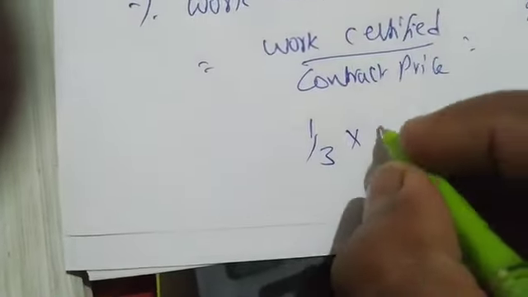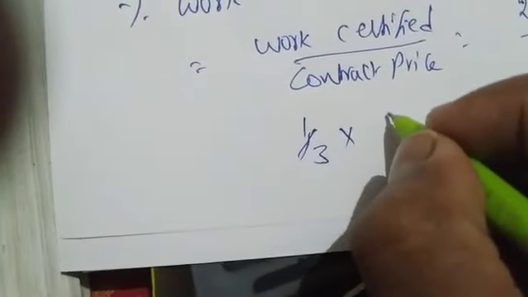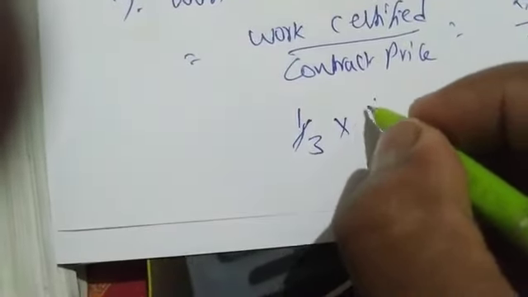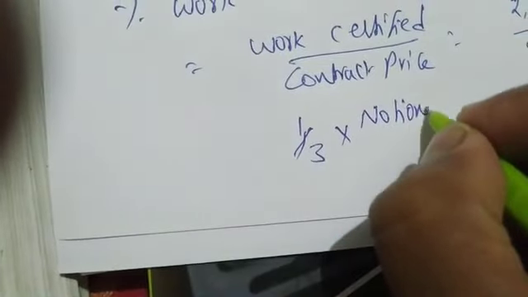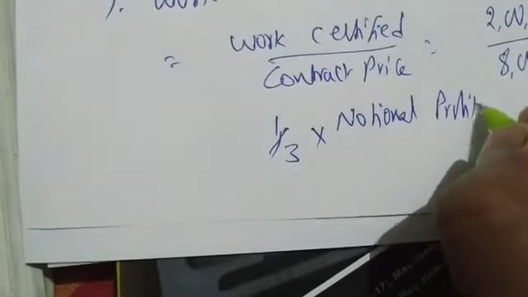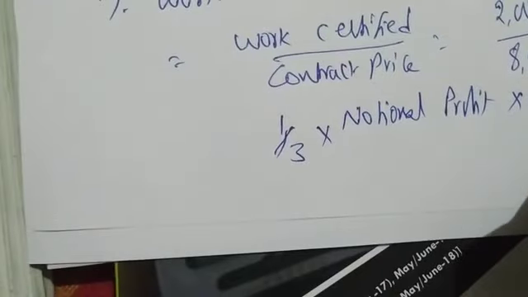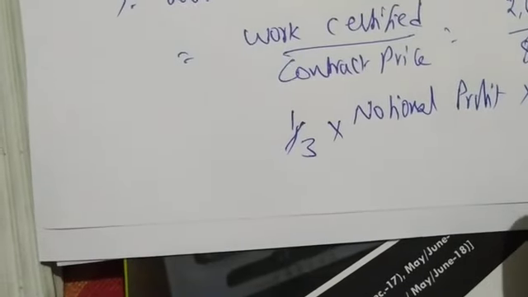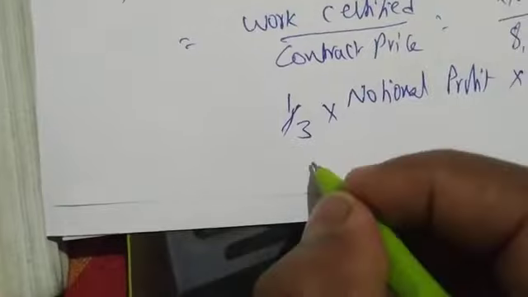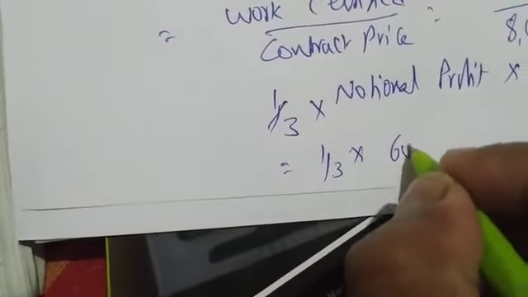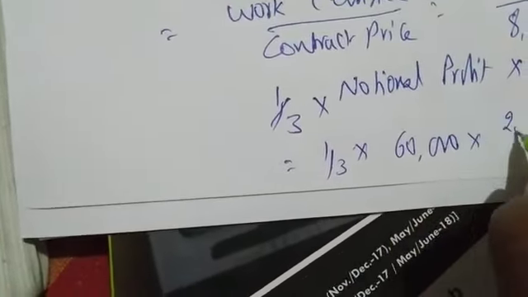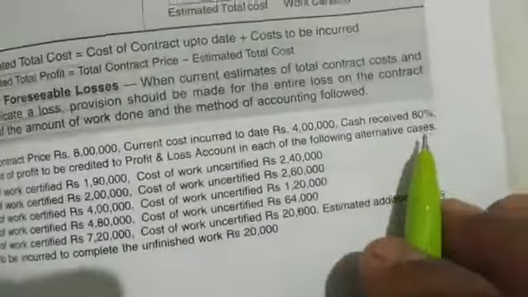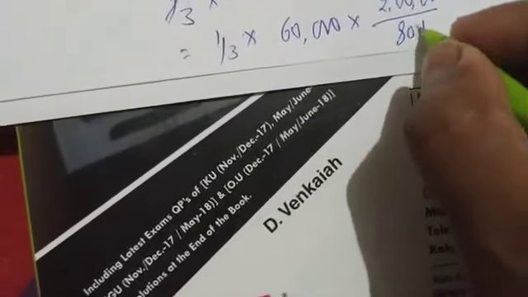So let us solve. What he says, 1/3 of what? 1/3 of notional profit into work certified divided by cash received. So 1/3 into 60,000. How much is work certified? 2 lakhs divided by cash received. He has given the percentage, right? 80%.